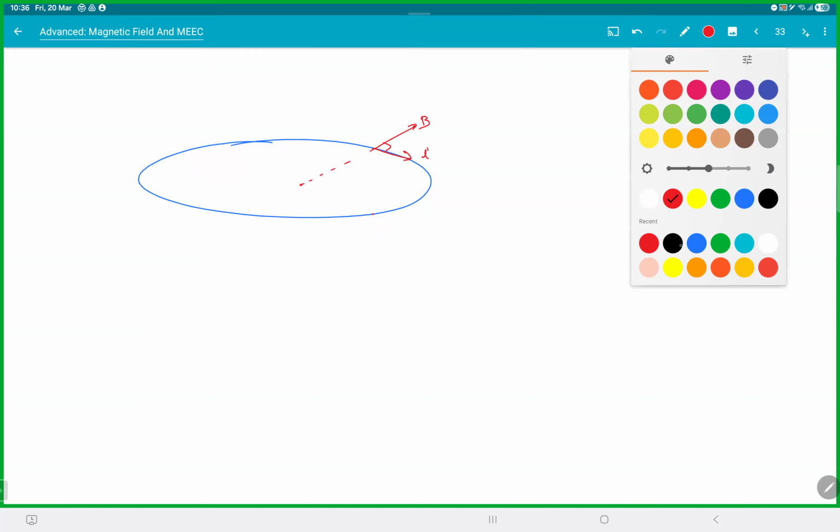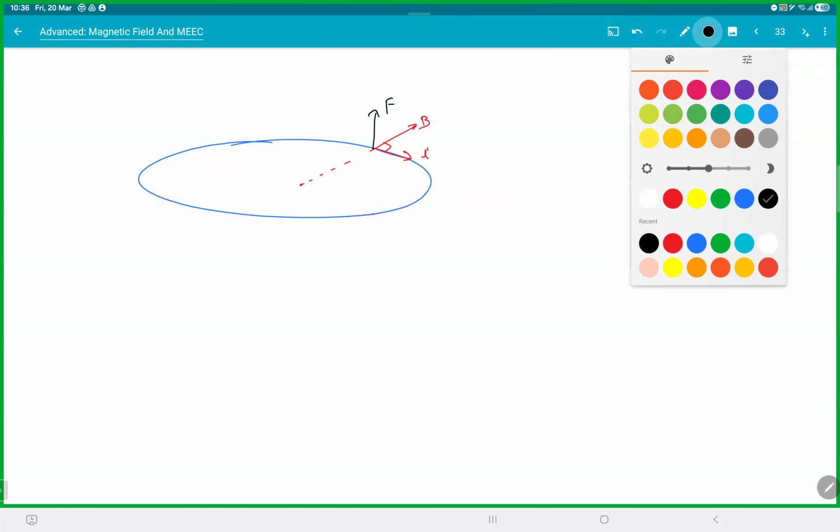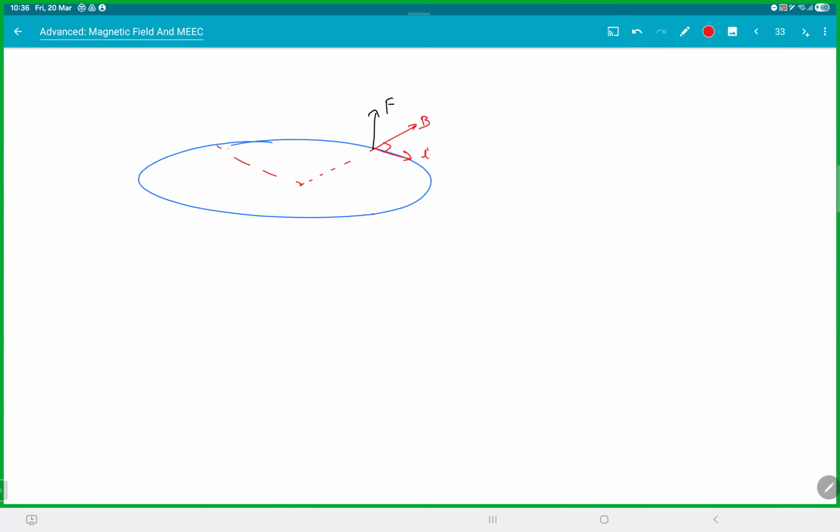These two are perpendicular. IL cross B, the force will be up. Check it out. You look at any point here, current, magnetic field, current, magnetic field. You will notice all these forces are acting up only. That is the reason I gave the radial field. So F is equal to ILB. L is 2 pi r, so here the radius will be used.